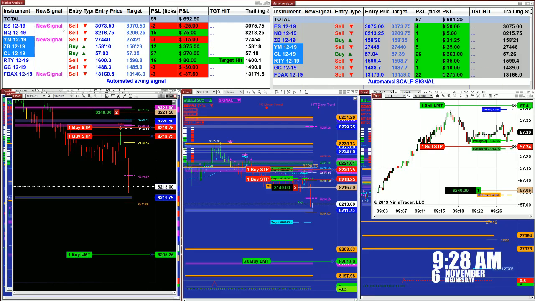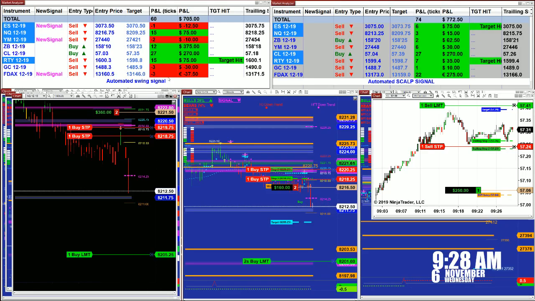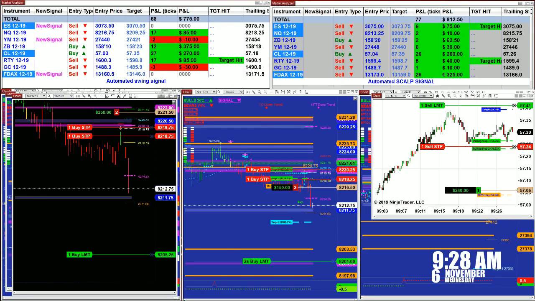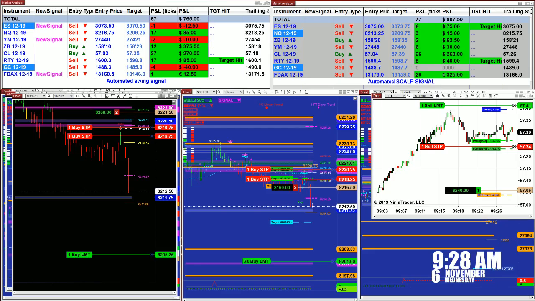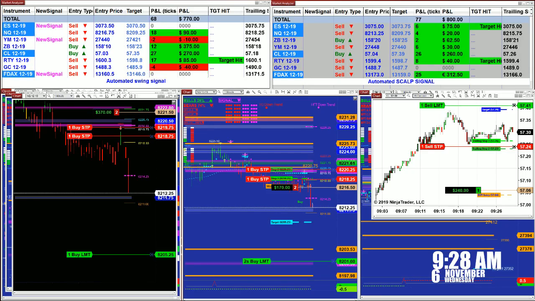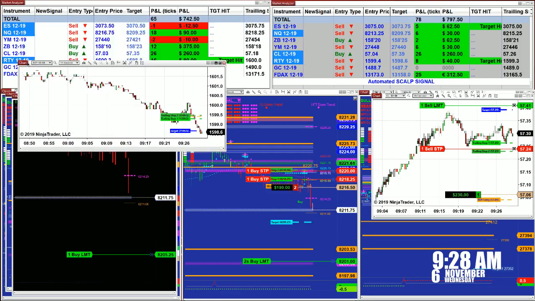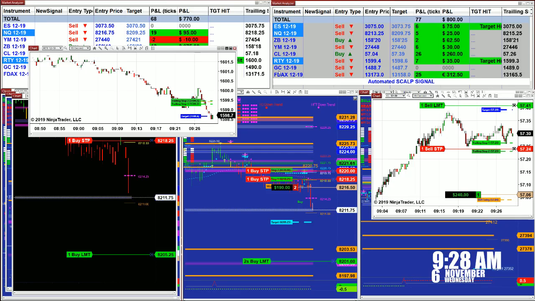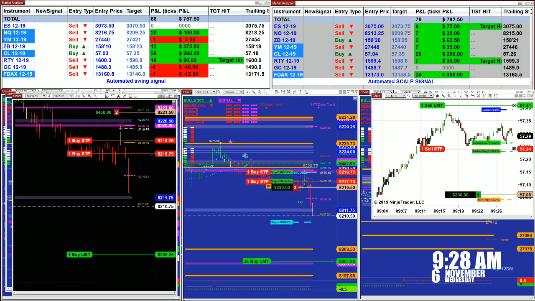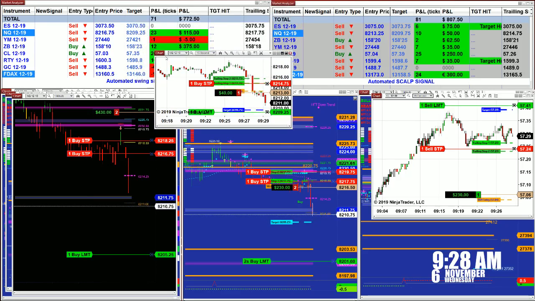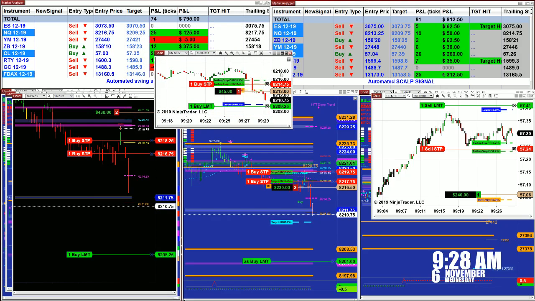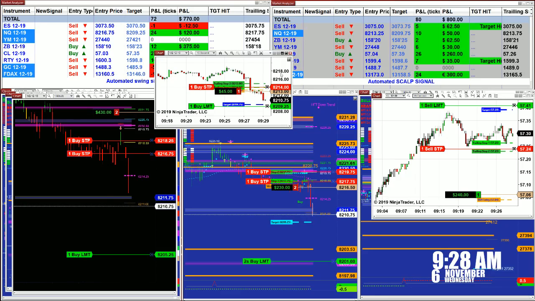Now we have a sell signal on the ES, YM sell signal, and it was too fast. The Russell already closed the trade. And now the Nasdaq on the scalper is about to close that trade as well.